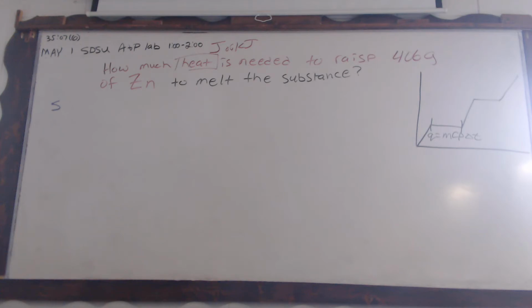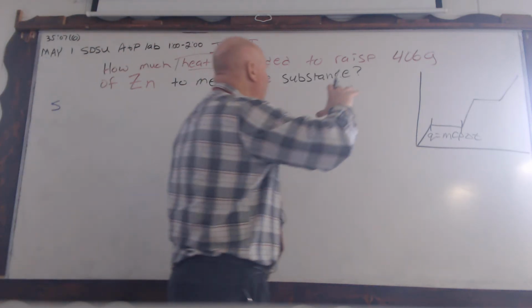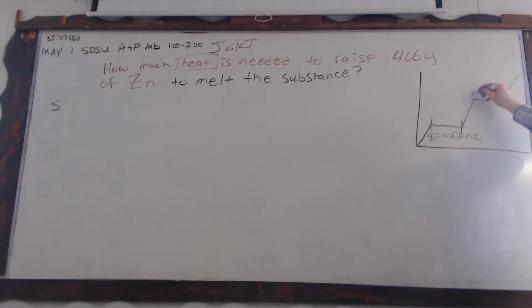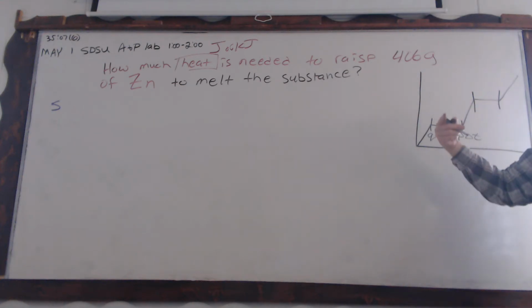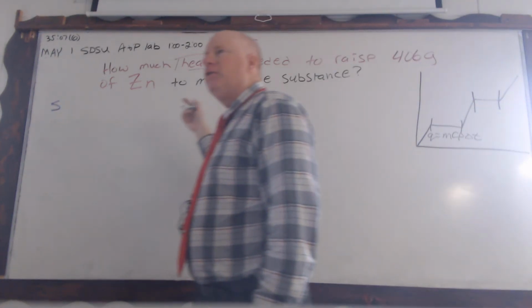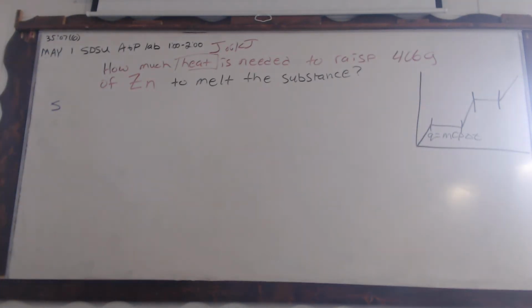That's the more important question. Yeah, the temperature is not changing. So this is similar to this step here or this step here. You're not worried about whether the temperature is changing. You just want to get it up to its melting point.